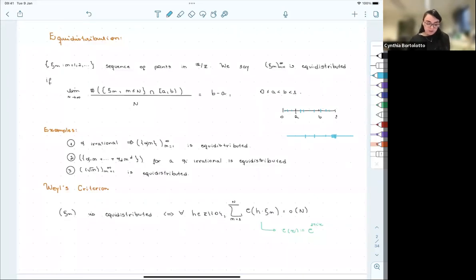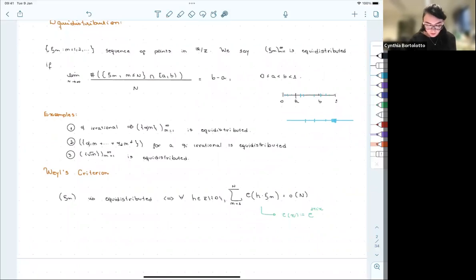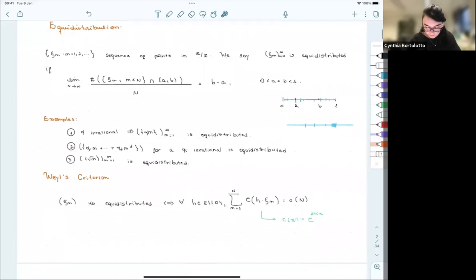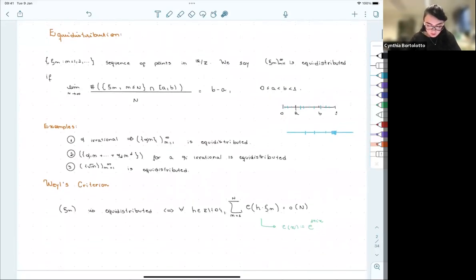A few examples of equidistributed sequences. We can take alpha an irrational number, multiply alpha times n and take the fractional part, and when we vary n we get an equidistributed sequence in [0, 1]. This is perhaps one of the simplest examples, and then we can generalize it a little bit.